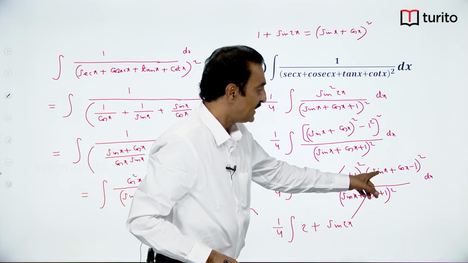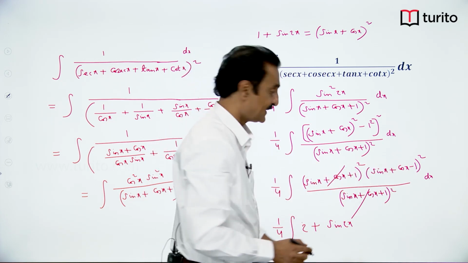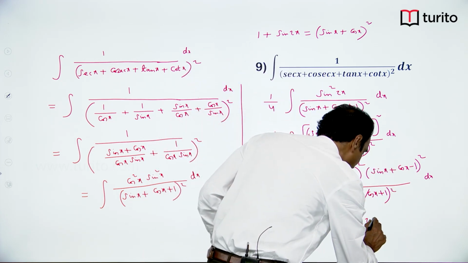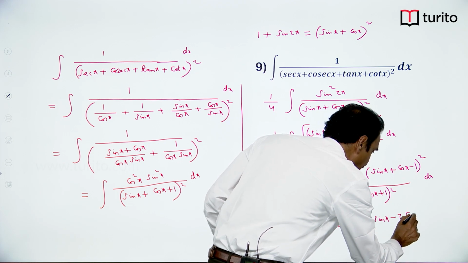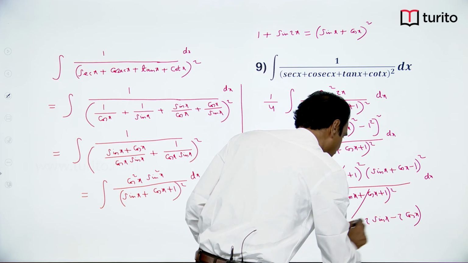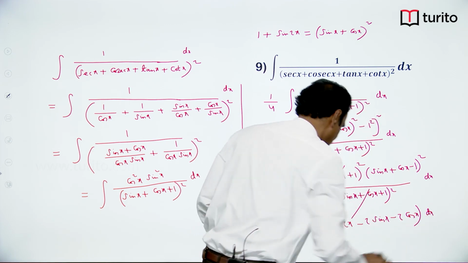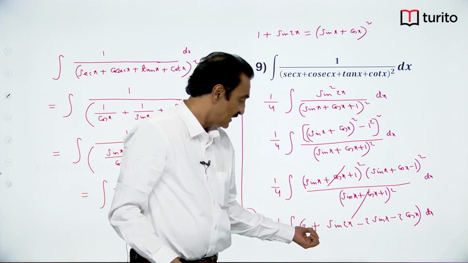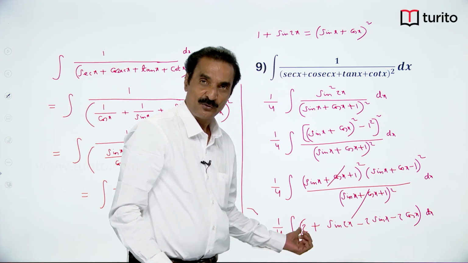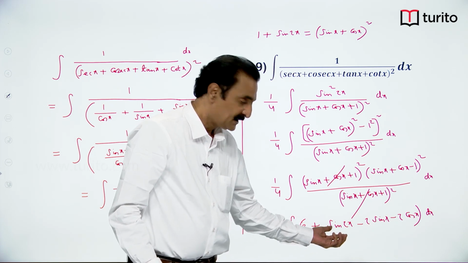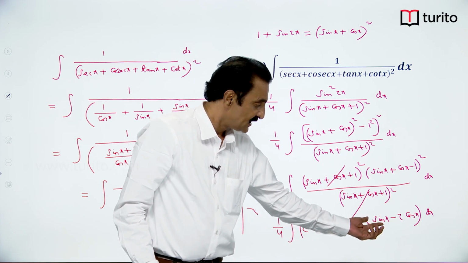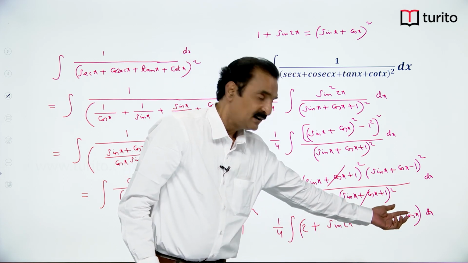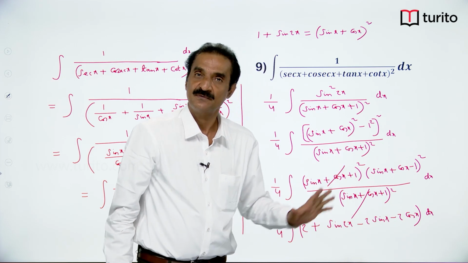Then you will get minus 2 sin x minus 2 cos x dx. Now, what is the integral? 1 by 4 into 2x, integral of sin 2x is minus cos 2x by 2, next integral of sin x is minus cos x, integral of cos x is sin x, substitute. Okay.